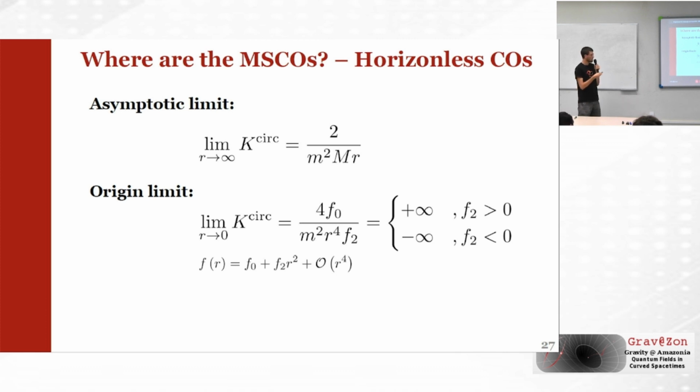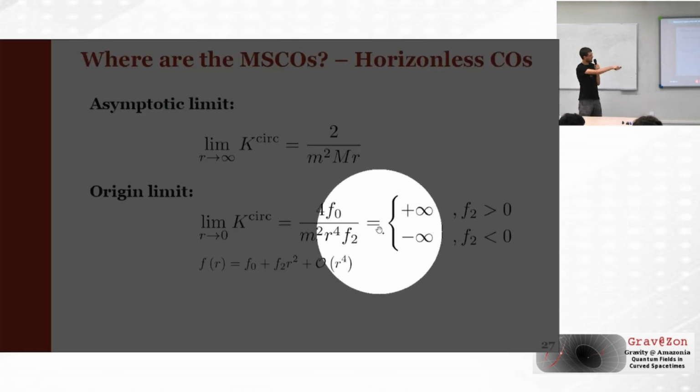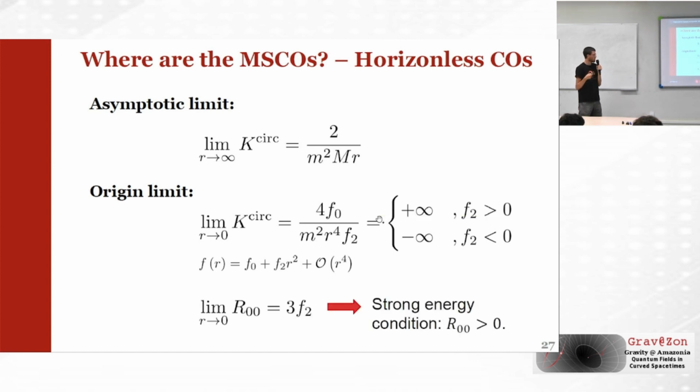And this coefficient f2 is related to the 0,0 component of the Ricci tensor at the origin, and this determines if the strong energy condition is obeyed or violated by the solutions. So we have to consider the two cases separately.